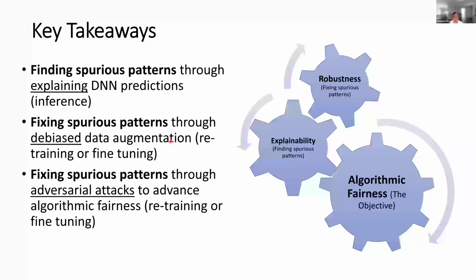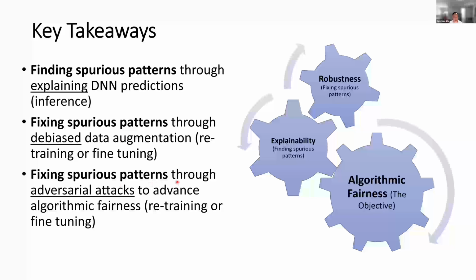So it can be risky. But the good thing is, once you know what the sensitive attributes are, you can always try to generate additional data to decouple the correlation between the spurious features and outcome. So that's one strategy.